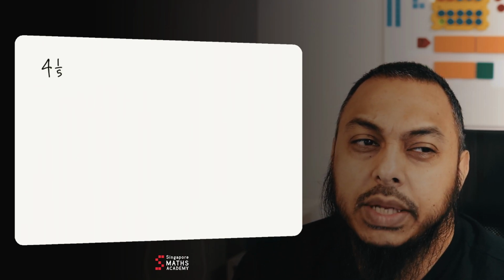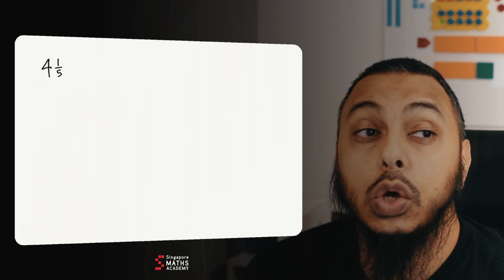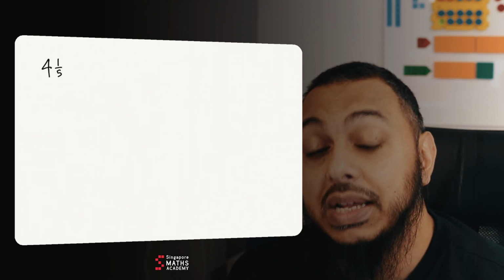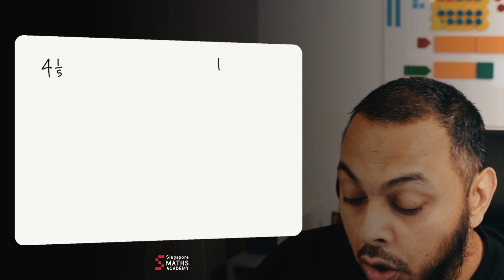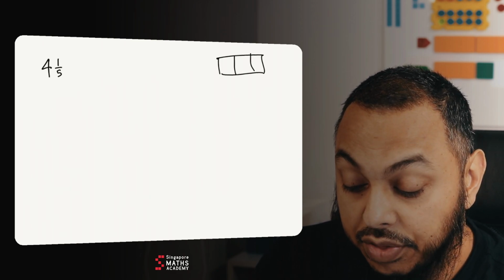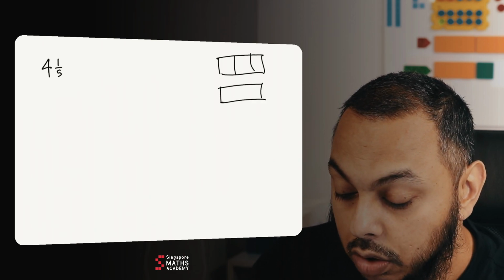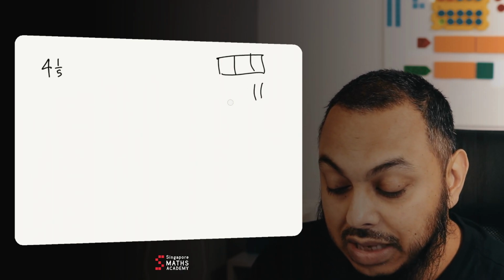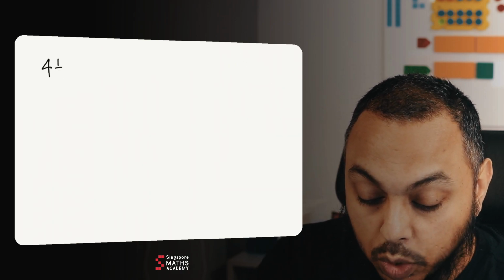Because I've changed the denominator? It should, right? Because the number of fifths I need in a whole is different to the number of thirds I need in a whole. One whole has only got 3 thirds, whereas the same whole will have 5 fifths, and so it makes a difference. So whatever we have as a denominator does make a difference.